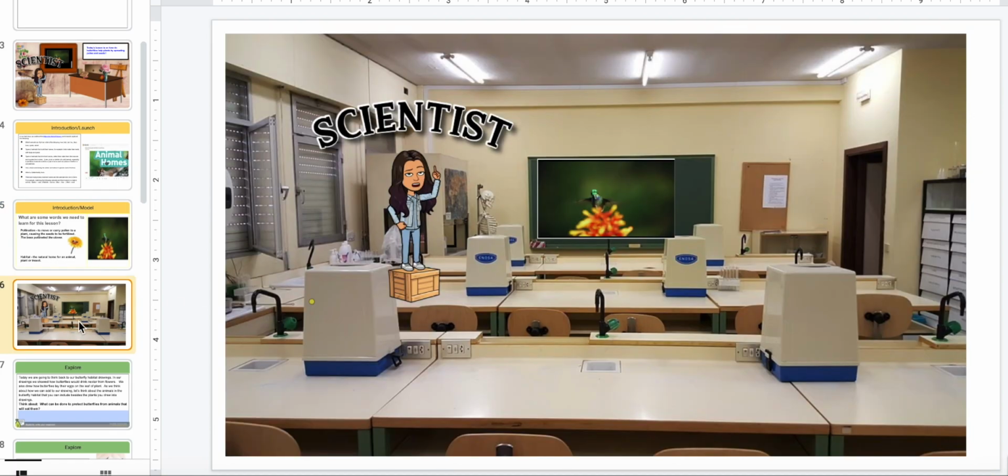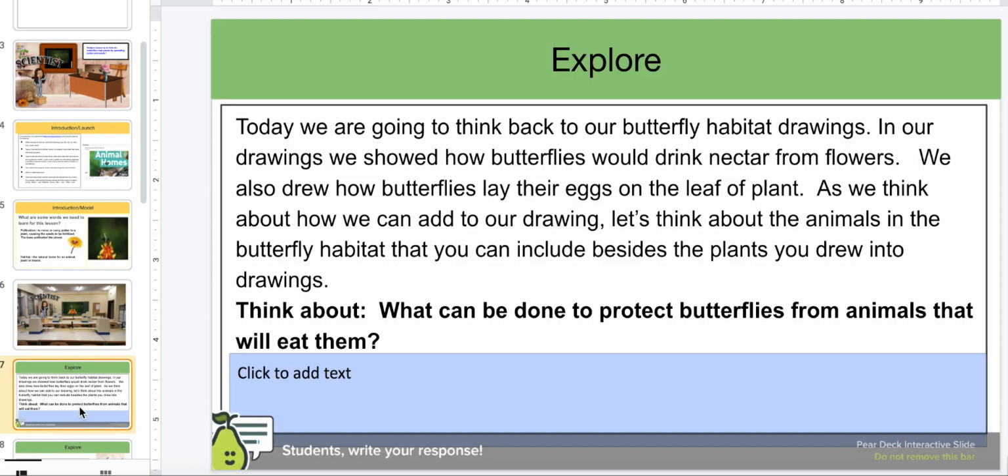Okay, Science Explorers, we're going to explore and investigate some questions and revisit some work we've done. Today we're going to think back to our butterfly habitat drawings. In other drawings we showed how butterflies would drink nectar from flowers, and we also drew how butterflies laid their eggs on a leaf of a plant.